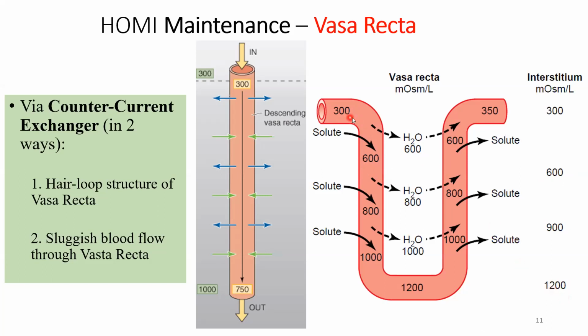So as this 300 goes down the descending limb, it will pick up solute, give out its water, right? That it did here as well. By the time it hits the tip of the hairpin loop, it becomes one with the interstitial. The osmolarity is 1200. Okay, it reflects the same.